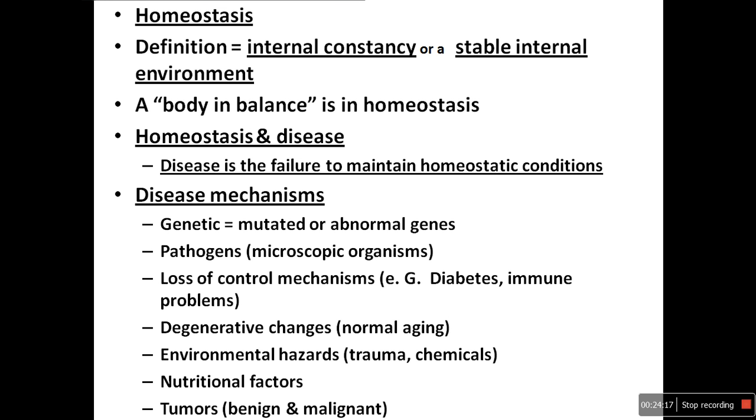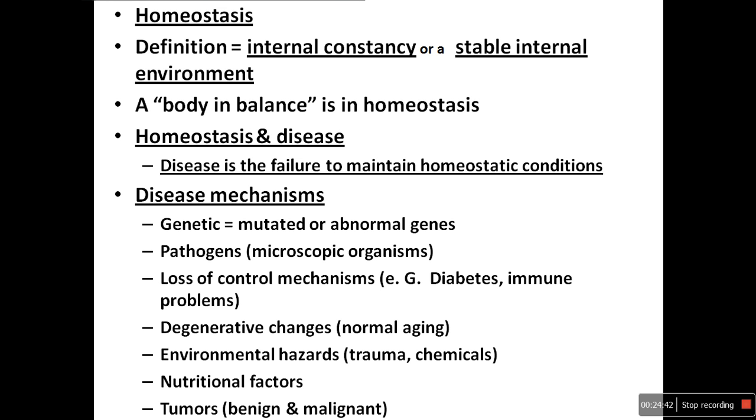Disease is the failure to maintain homeostatic conditions. Now, disease mechanisms: how does a disease happen?